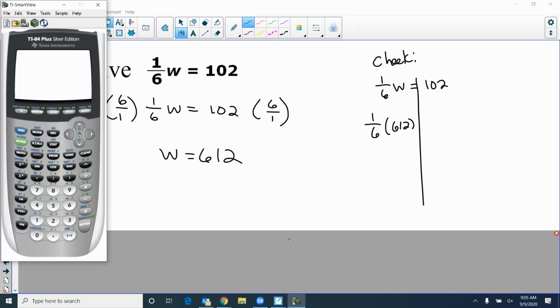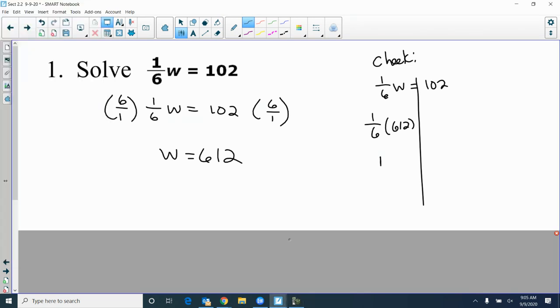In order to use it, I just make it a division problem. So I do 102 times 6 divided by 1, like that. And that's how I get that number. Or if I'm going the other way, I'll do 1 divided by 6 times 612. And I don't even need that multiplication. 102. You can punch it in on your calculator just like that.